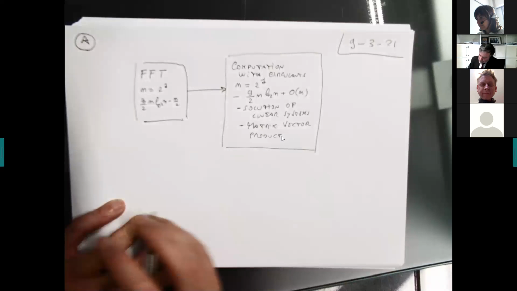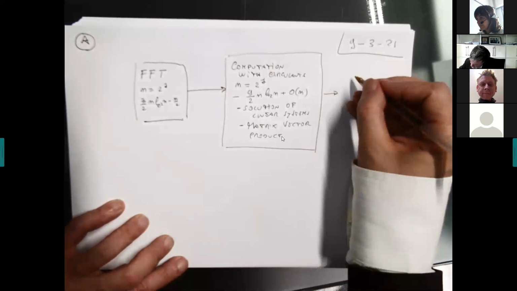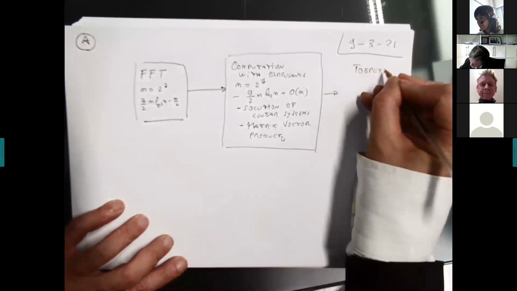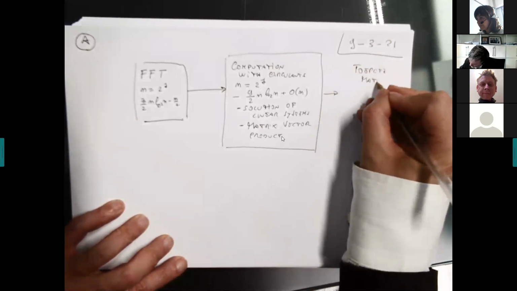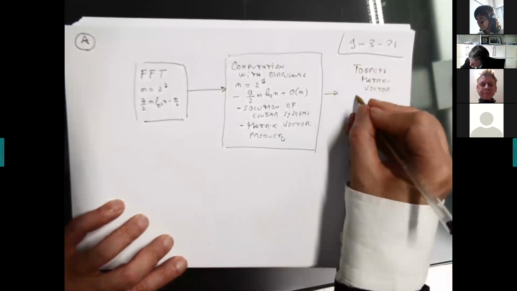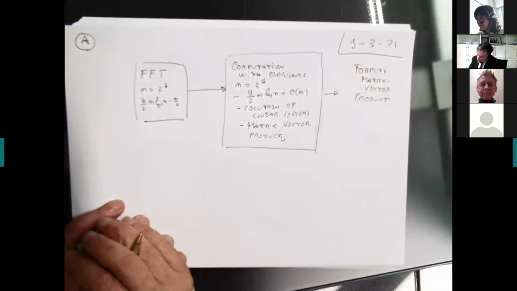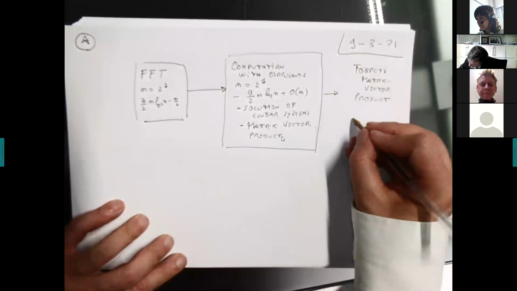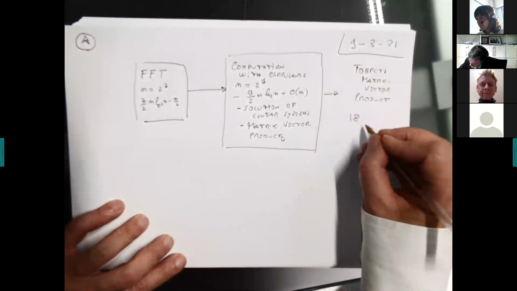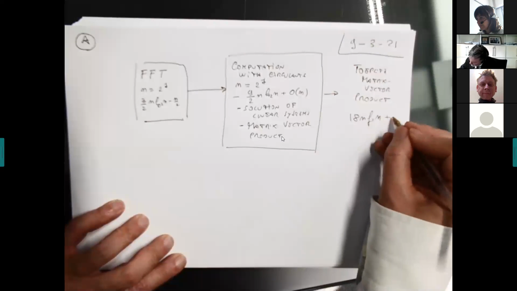Okay. Today we do something strange. Toeplitz matrix vector product, and we will prove that the complexity is 18 n log 2n plus O(n).